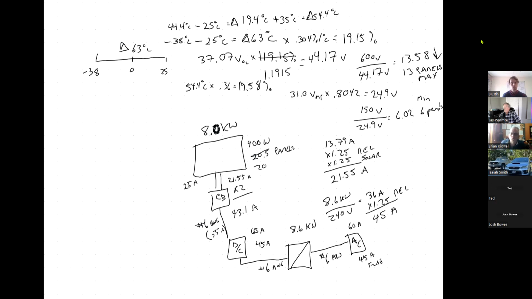And then from the AC disconnect, we're going to go into our service panel. Let's assume we've got 200 amp service. It's a 200 amp panel, a 200 amp box. This is going out to the electric grid.